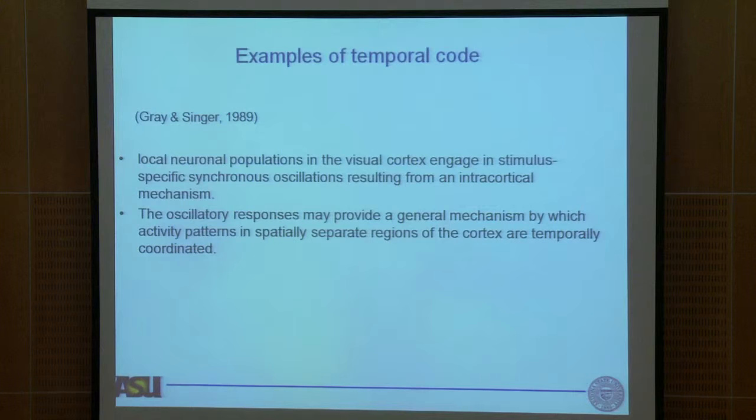They hypothesized that the oscillatory responses may provide a general mechanism for the neural waveforms to propagate from one brain region to another. And this provides a temporal coordination of these different brain areas. So the rate code and the temporal code, we can call these two extremes of neural coding, and in between there is a lot more. These coding schemes have explained certain things, but not everything.